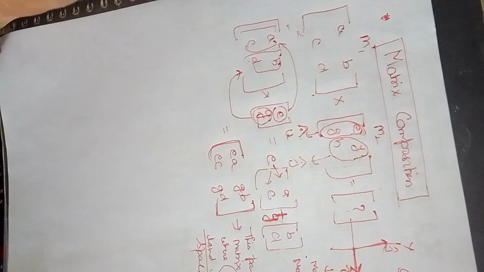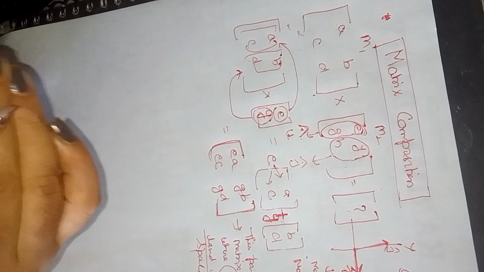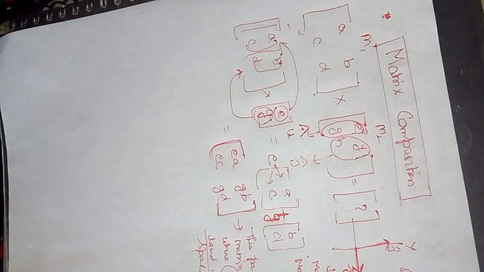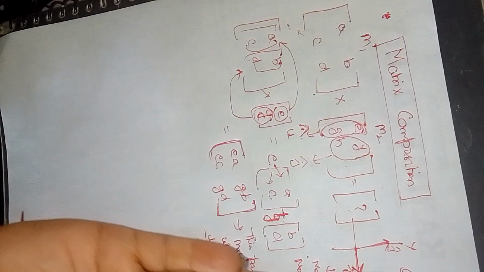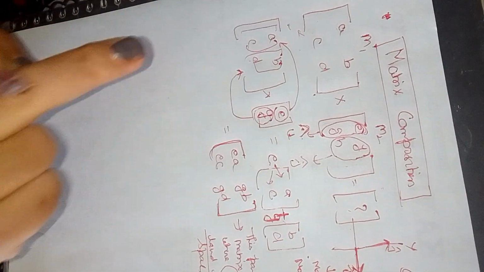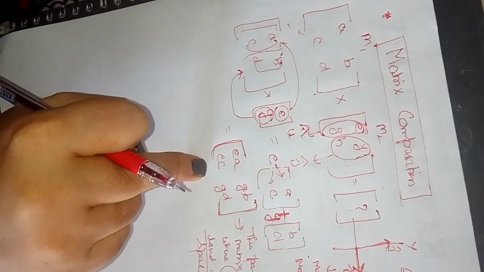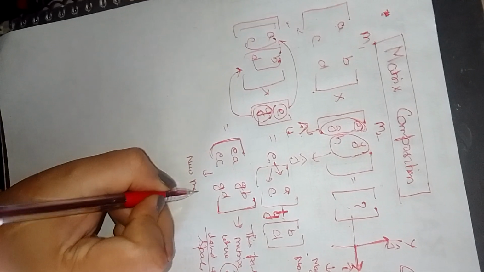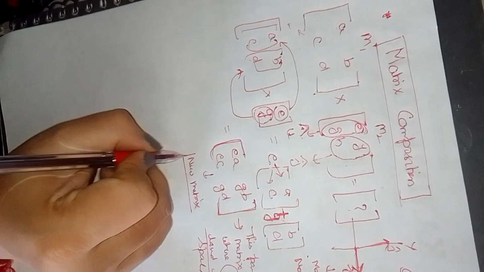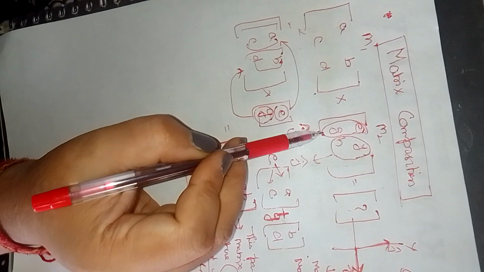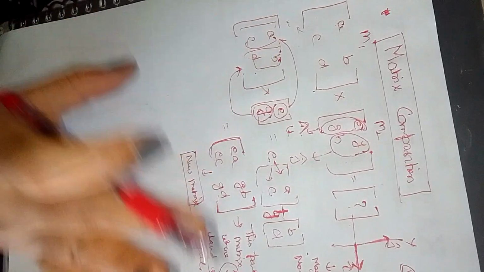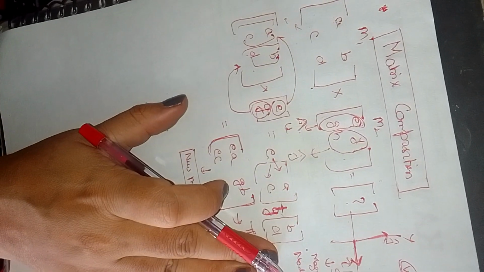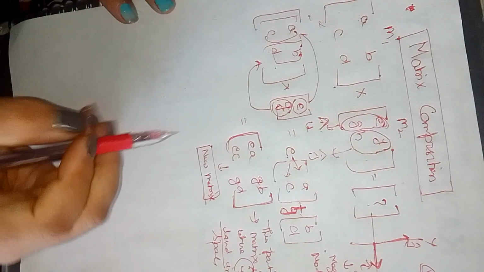Sorry, I am teaching the English medium students. This particular matrix would be shown to the computer, or shown to the front end, to all you students. So this is the new vectors, the new matrix. How is the new matrix formed? By multiplication of scalars with the vectors, and addition. This is called matrix composition.